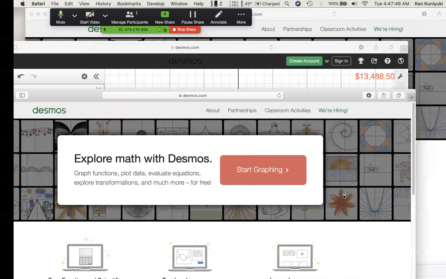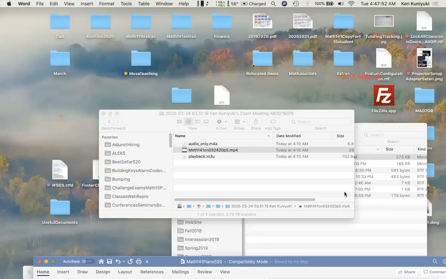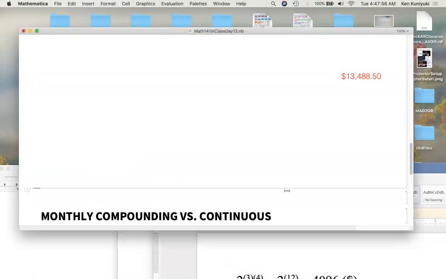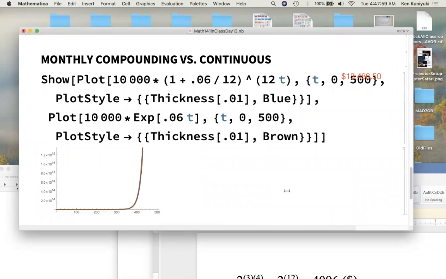In fact, if you were to compare it over a long time frame, I did this on Mathematica, comparing monthly compounding versus continuous, even over a time span of about 450 years, comparing monthly compounding in purple versus continuous compounding in brown, not that much of a difference.